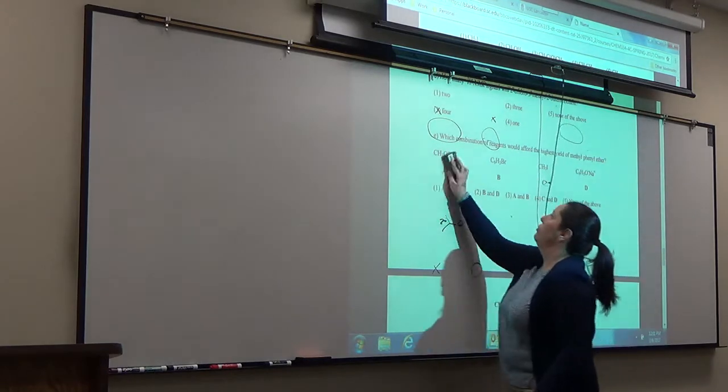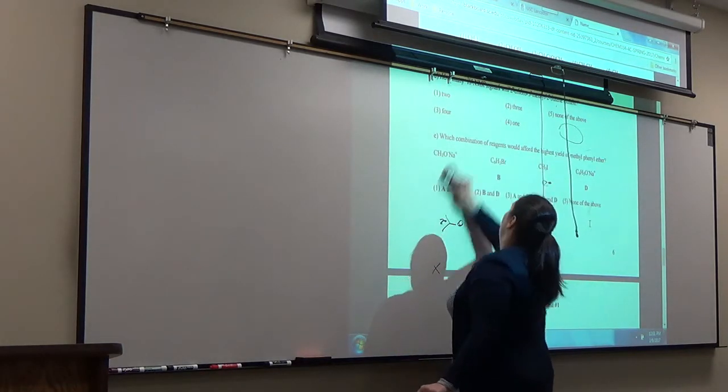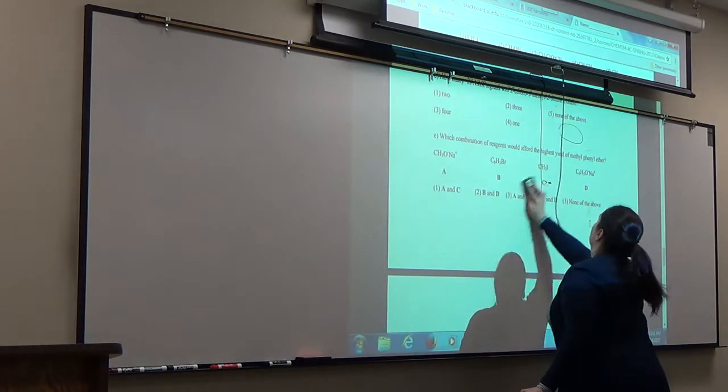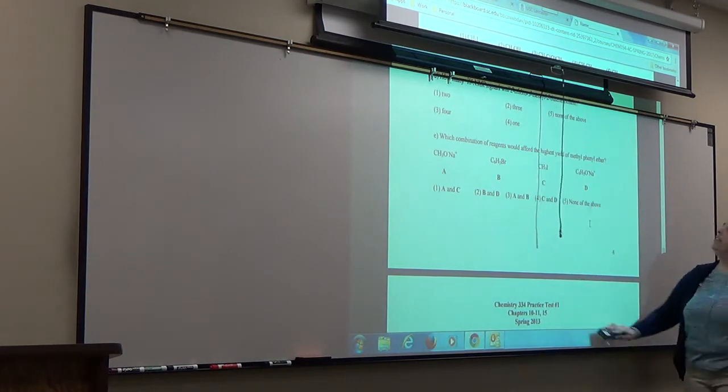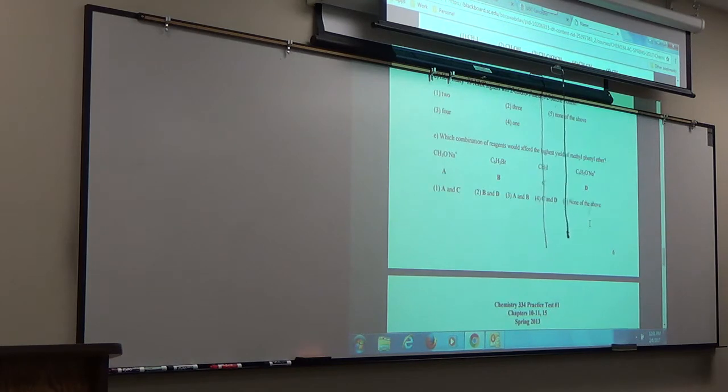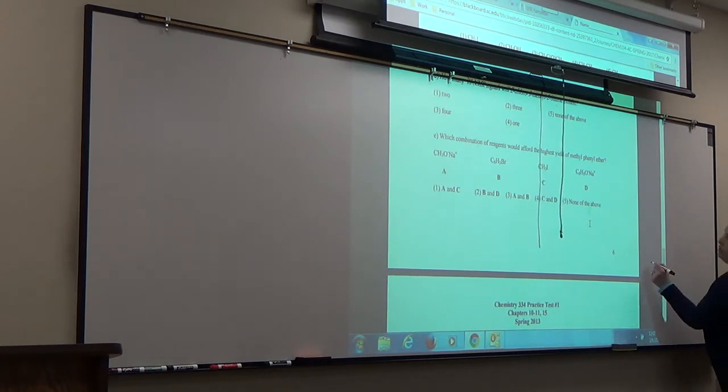Alright. Then the last question is, which combination of reagents would afford you the highest yield of methylphenyl ether? So this question has to do with that Williamson ether synthesis. Remember, Williamson ether synthesis has a requirement, right? What is it?